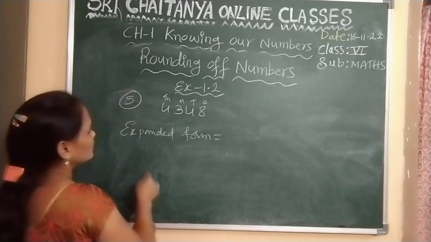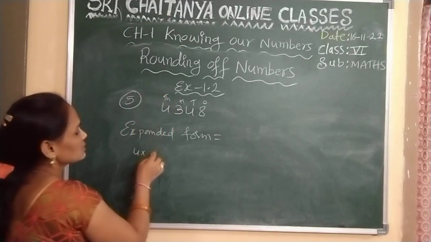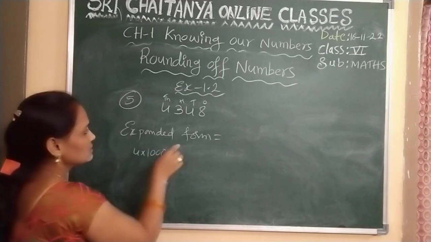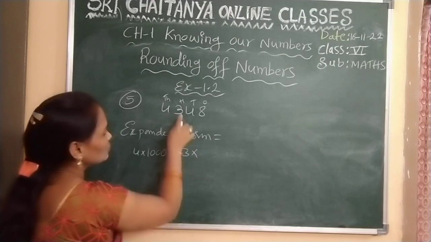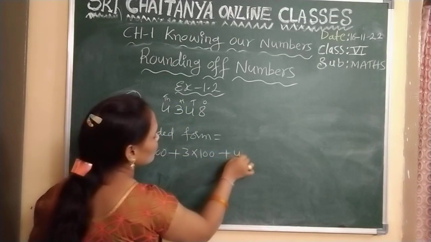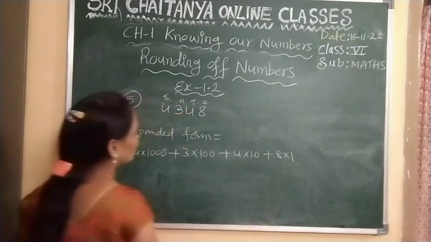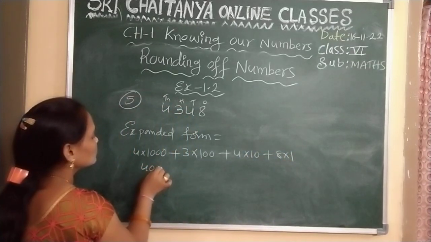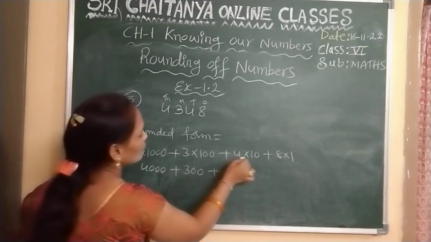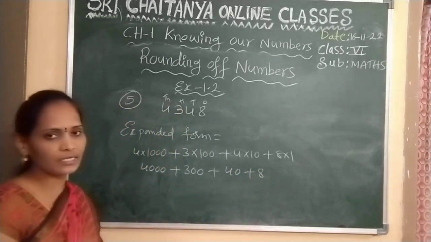See how to write. 4 is in which place? Thousands place, so multiply with 1000, plus 3. 3 is in which place? Hundreds place. Plus 4 into 10, plus 8 into 1. So 4000, 3 into 100 is 300, 4 into 10 is 40, 8 into 1 is 8.